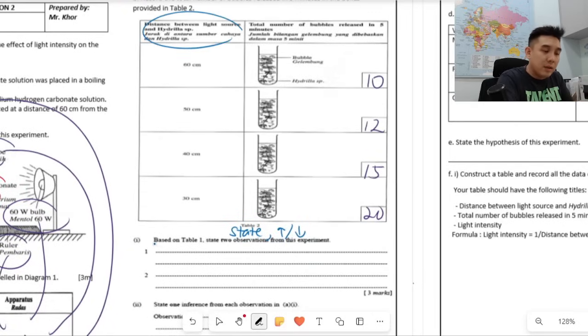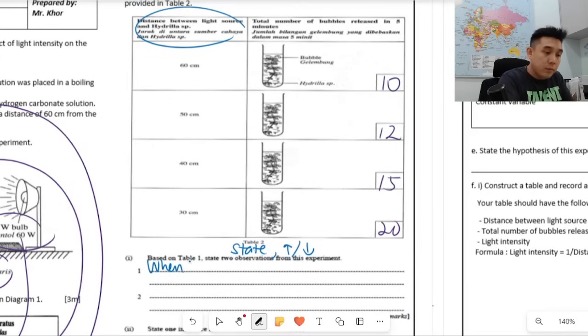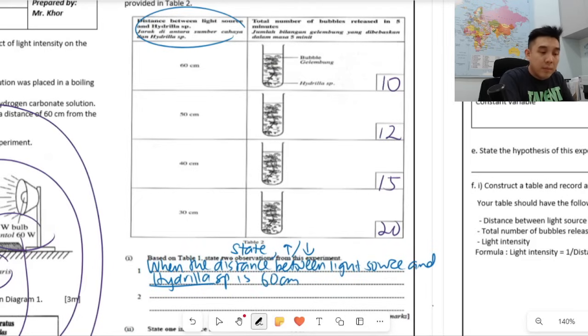Okay, let me enlarge a little bit more. Okay guys, when the distance between light source and hydrilla, don't forget to underline hydrilla, is 60 cm, follow exactly the RV.